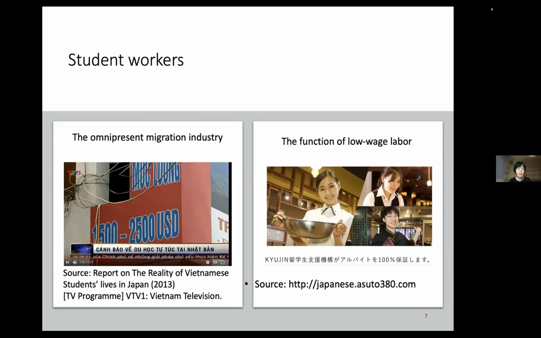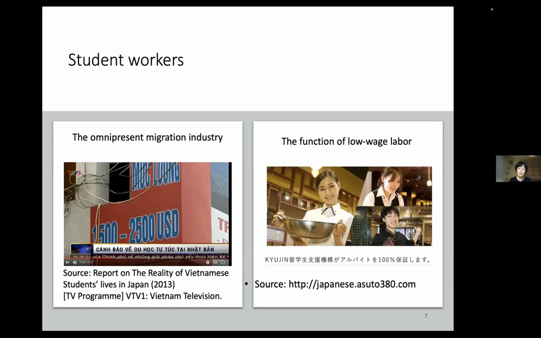On the left-hand side is Vietnam on TV, where they're talking about how a language student could make 1,500 to 2,500 USD a month. And on the right-hand side, this is something I downloaded from a Japanese language academy promotion site. They were talking about how this international student support organization can guarantee 100% part-time jobs.